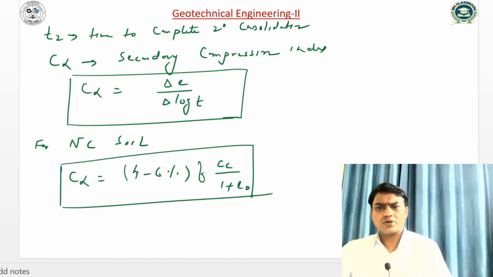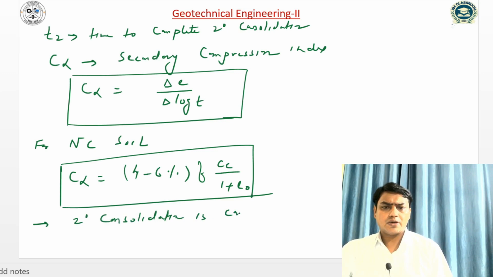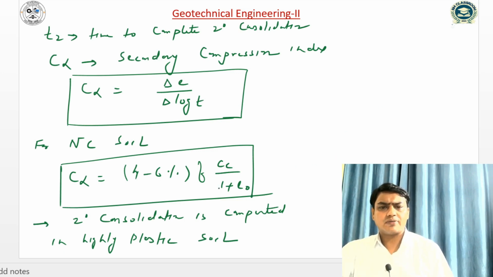So this is all about the secondary consolidation, and secondary consolidation is generally computed in highly plastic soil, where Cc is the compression index.